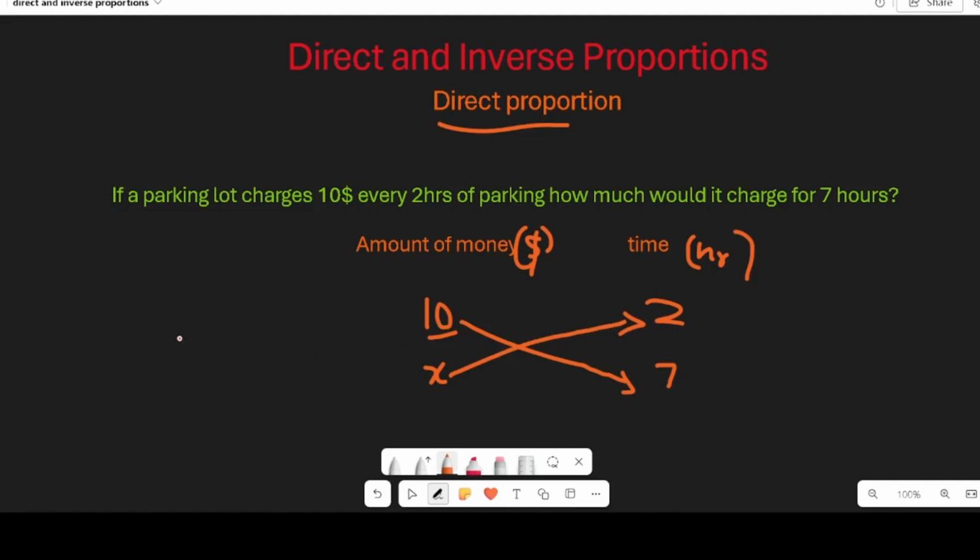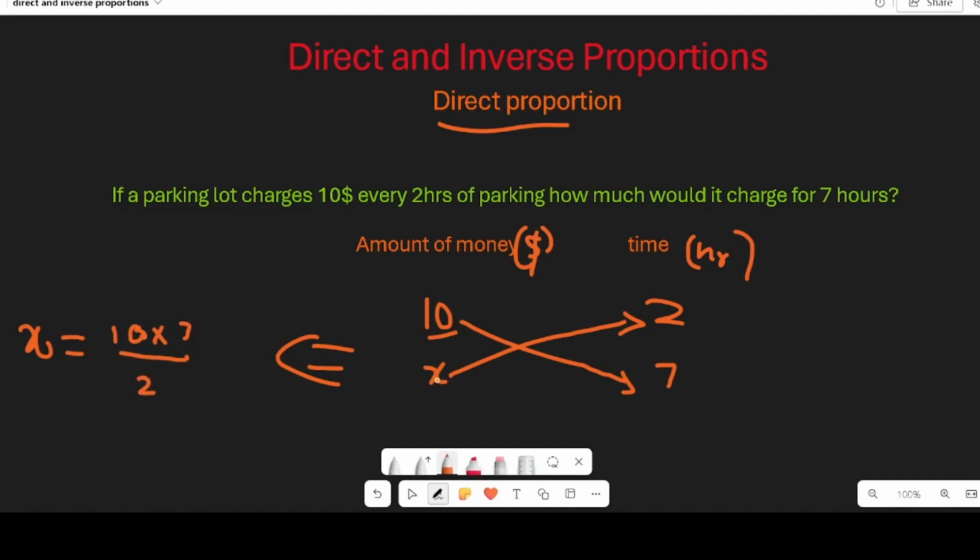So that would be x equals 10 into 7 divided by 2.